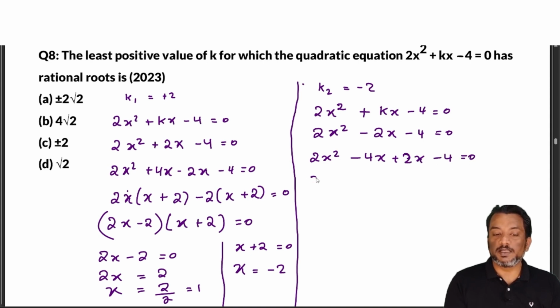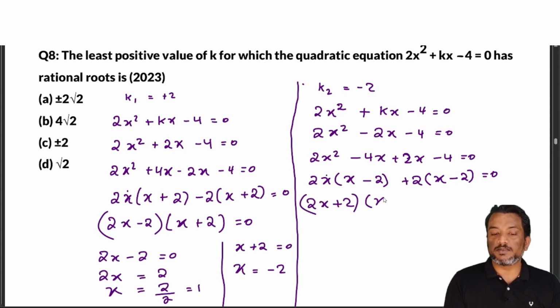What is common between the first and second term? 2x is common, so you will get x minus 2, and between the third and fourth term 2 is common, so you will get x minus 2 is equal to 0. So your first term 2x plus 2 and second term x minus 2 is equal to 0.